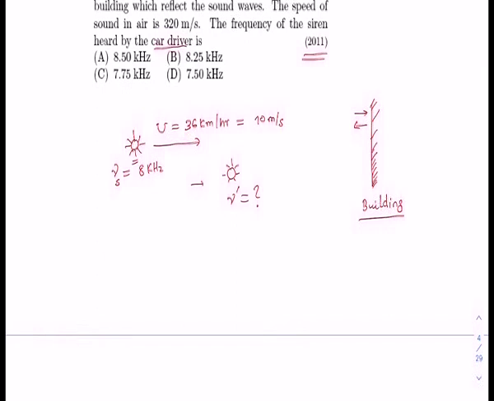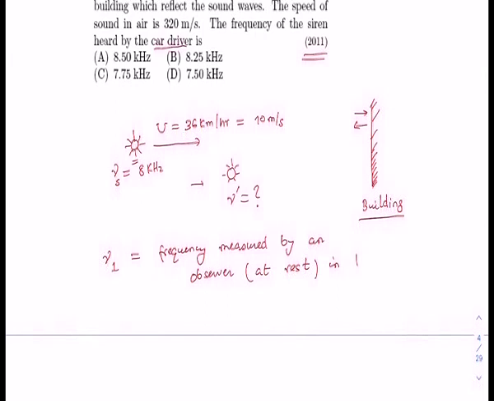So let us say nu one is the frequency measured by an observer which is at rest, basically, because it's situated in the building.